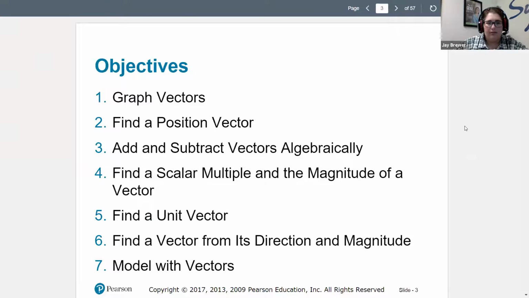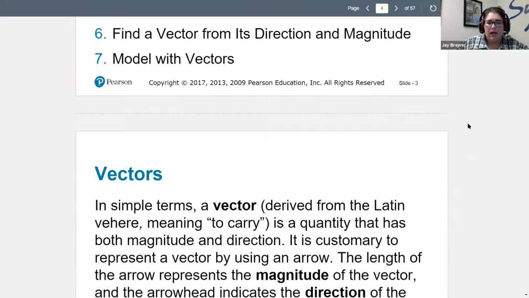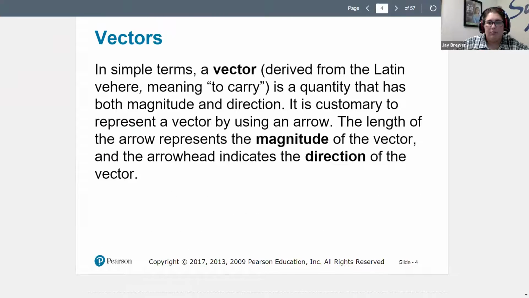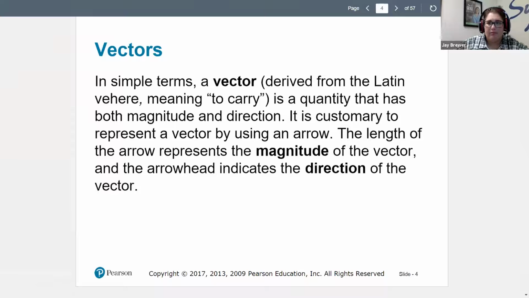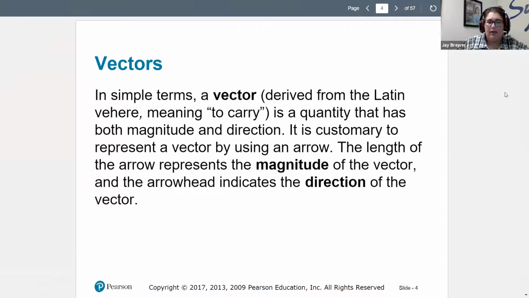We're going to graph vectors, find a position vector, add and subtract vectors algebraically, find a scalar multiple and the magnitude of a vector. We'll find unit vectors, find a vector from its direction and magnitude, and model with vectors. I do not believe we will get through this whole thing today, but it is 57 slides, so that is why I would like to go ahead and start it.